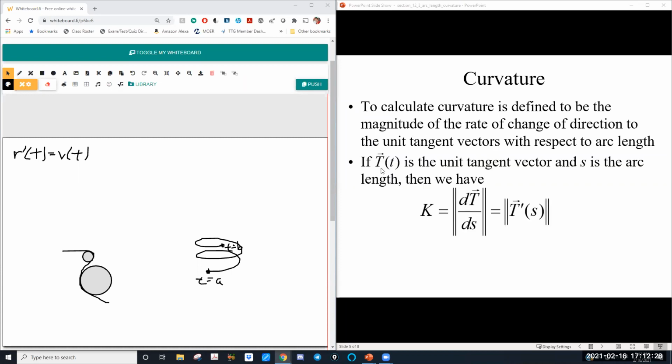So basically, if T is our tangent vector, and guys, this is the same tangent vector from last time. That's the derivative of your position vector divided by the magnitude because it's a unit tangent vector. So just again, as a little reminder, T of t is r prime of t over the magnitude of r prime of t.